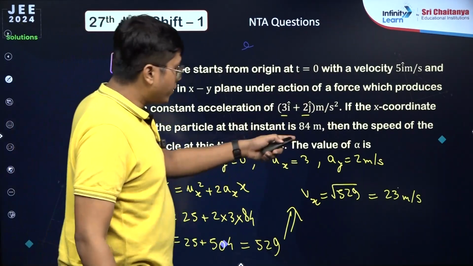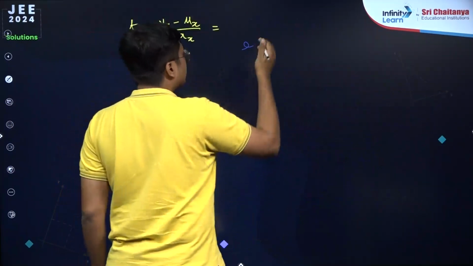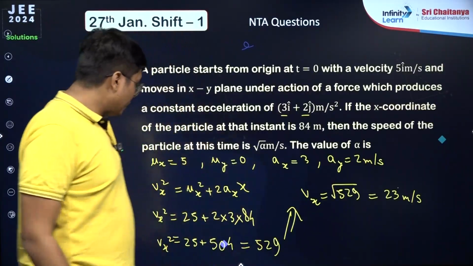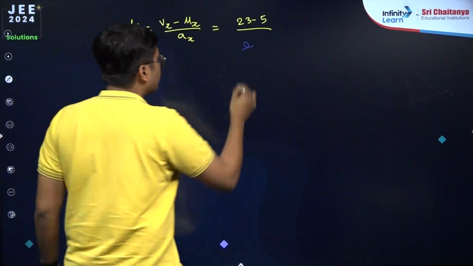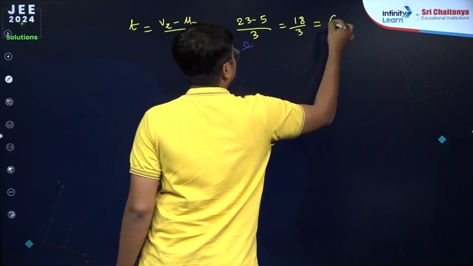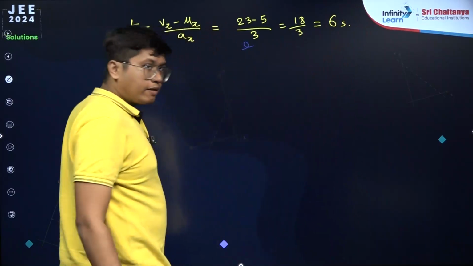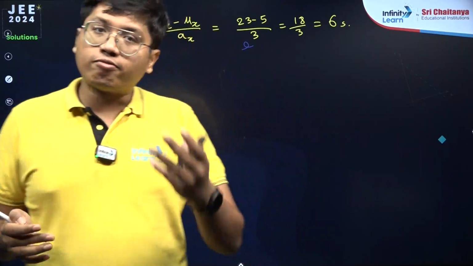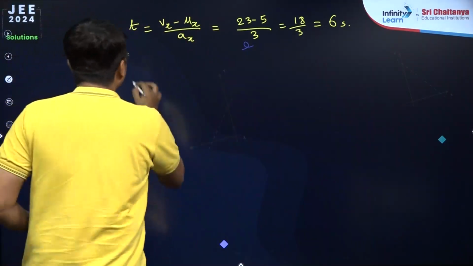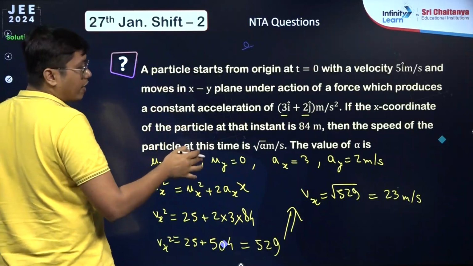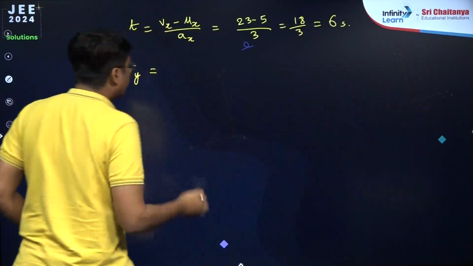So Vx is 23 minus Ux is 5, divided by the acceleration in the x-axis, 3, that is 18 by 3, that is 6 seconds. So it has been traveling for 6 seconds. What is the velocity it picks up in the y direction in that time? Vy, it had initial 0 velocity in the y direction. So Vy is just going to be Ay into t.